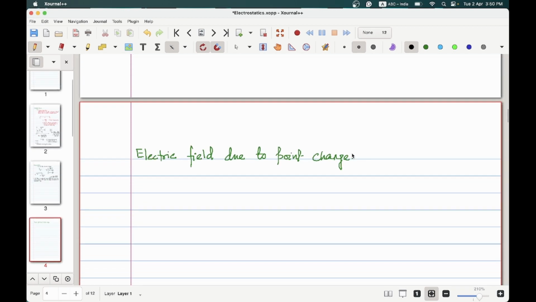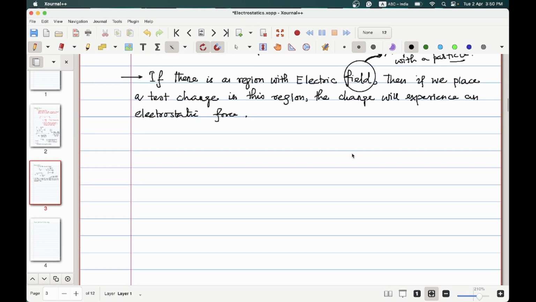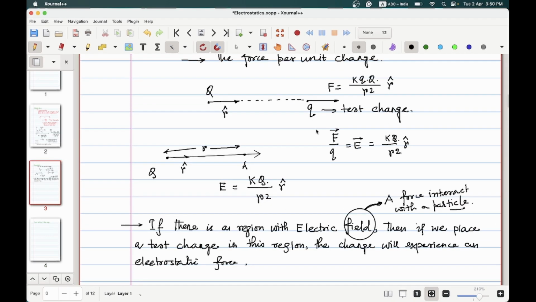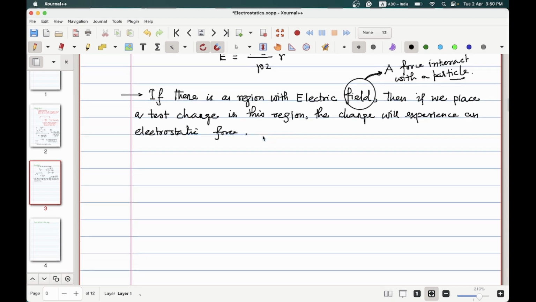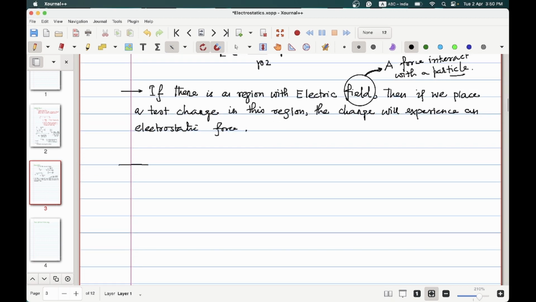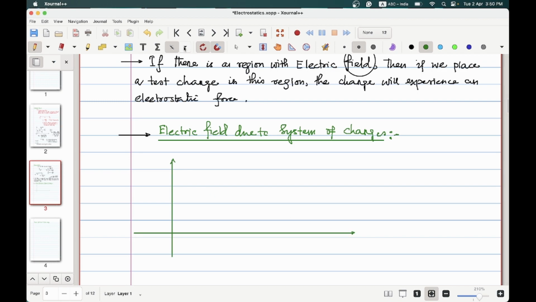Next we should derive the expression of the electric field. Now this is the electric field due to a point charge. If we want to calculate the electric field due to a system of charges, then the expression should be like this. Let's say this is our xy Cartesian coordinate system. Let's say there are charges q1, q2, q3, q4, and so on, like this is a charge qi.